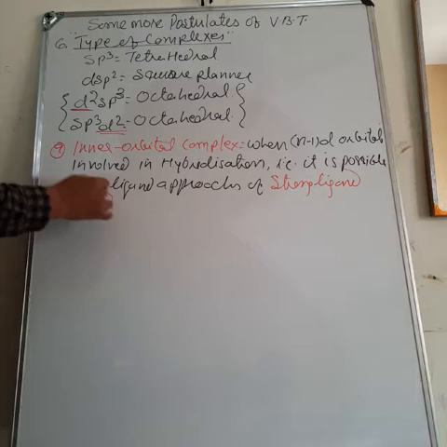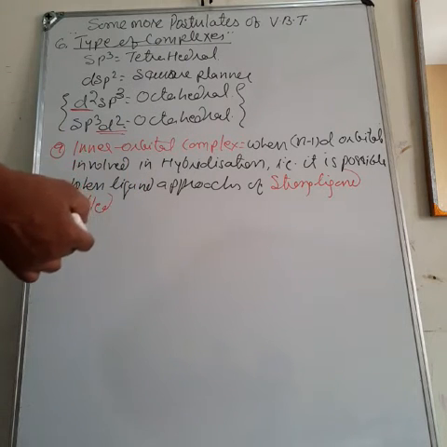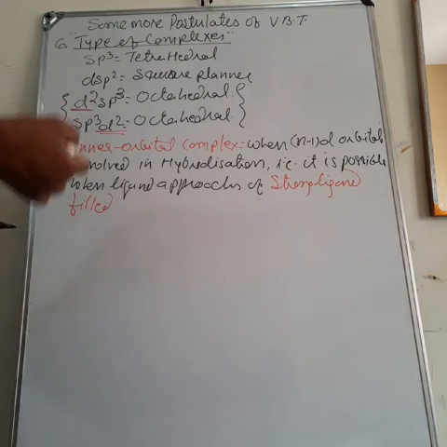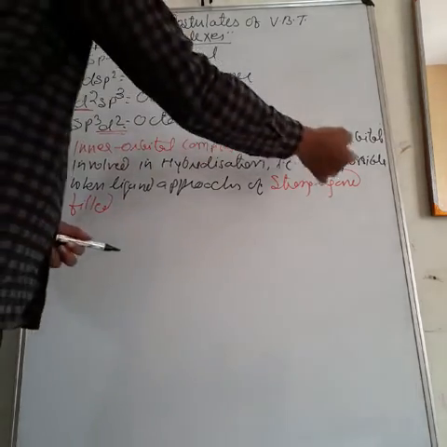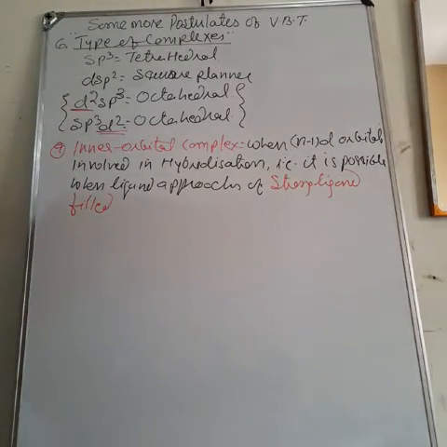They will pair up the unpaired electrons, so there is a chance of the presence of vacant (n minus 1) d orbitals, and therefore they will participate in the hybridization.